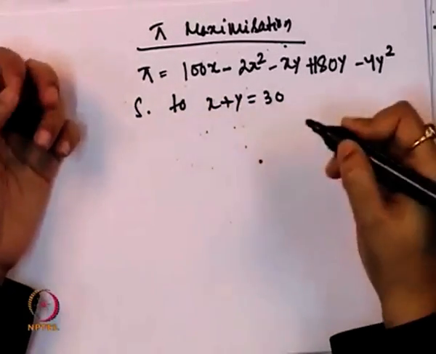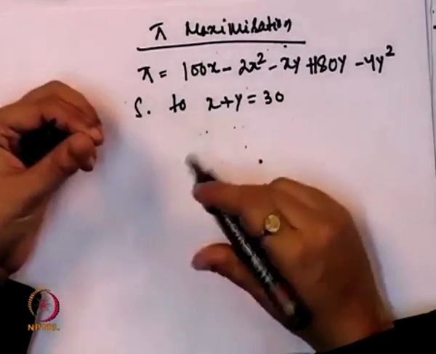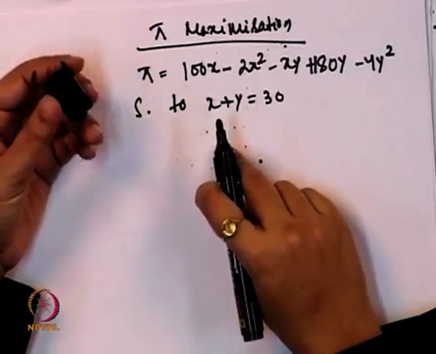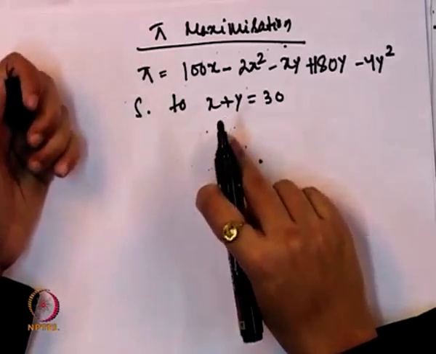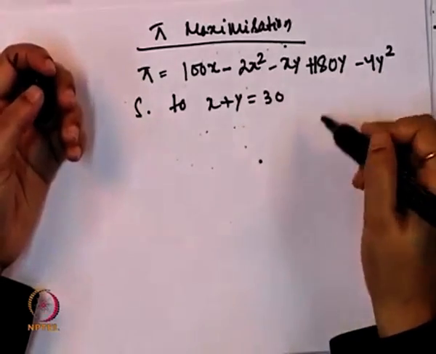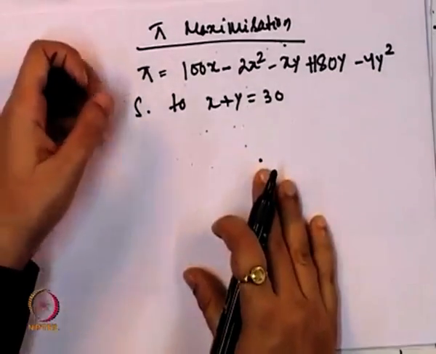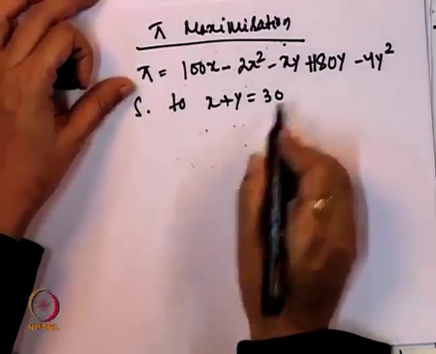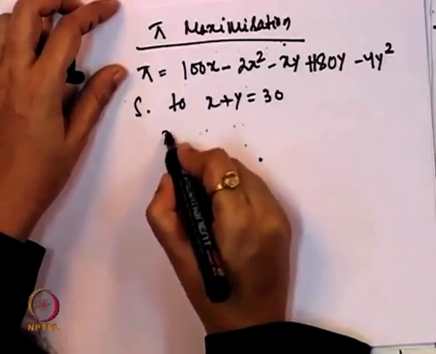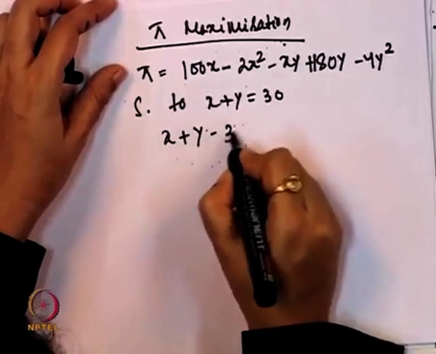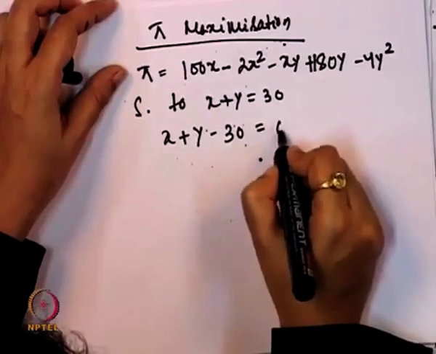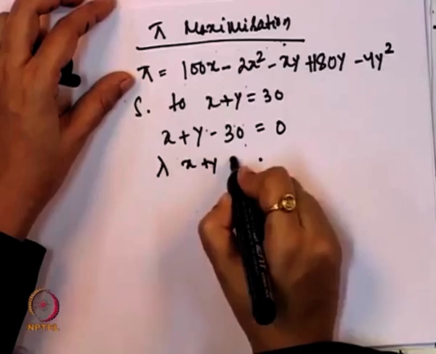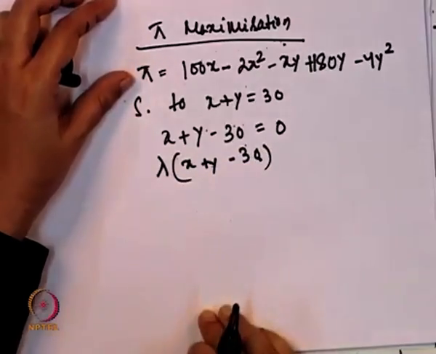Now, how is it different from the other method? In the other method, we substitute the value of x for y or y for x. Here we will not do that, rather we will use a partial derivative method to solve this profit maximization problem. In this case, x plus y is equal to 30, so we will introduce another variable, that is x plus y minus 30 is equal to 0, and lambda times (x plus y minus 30).